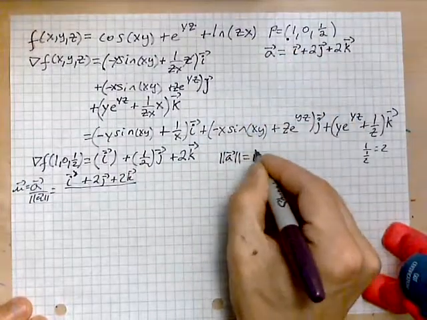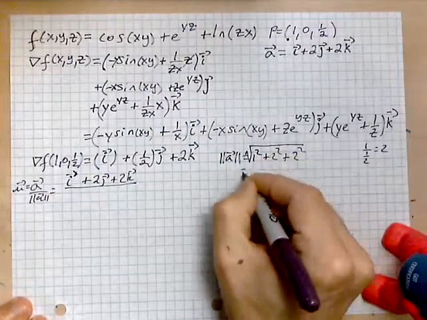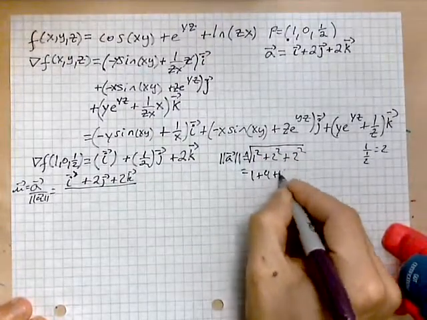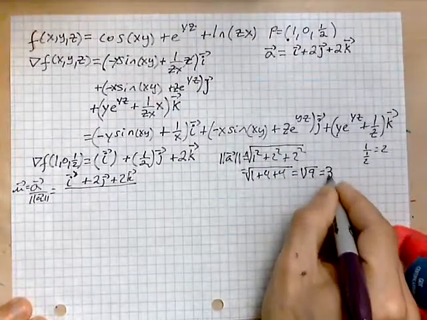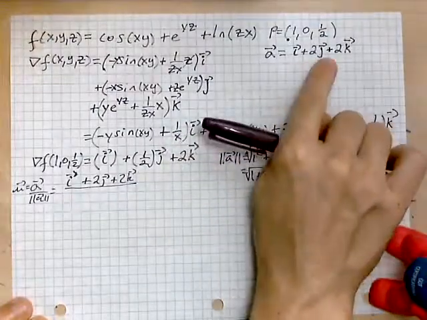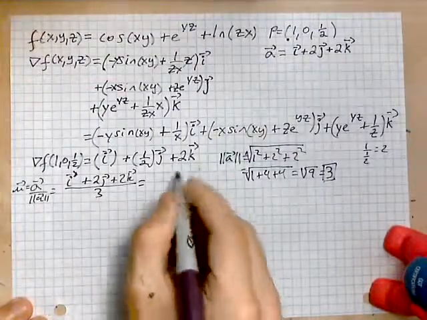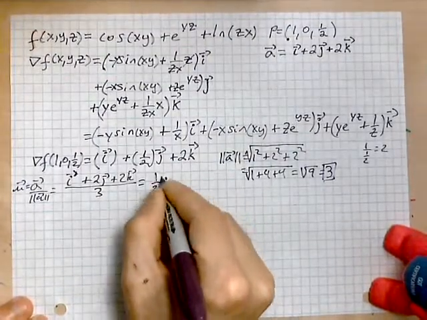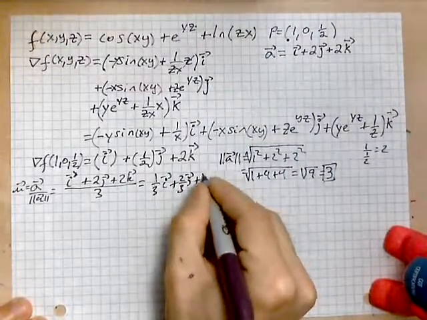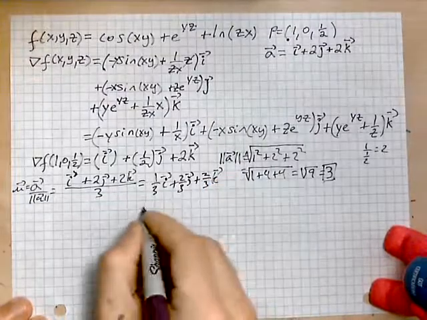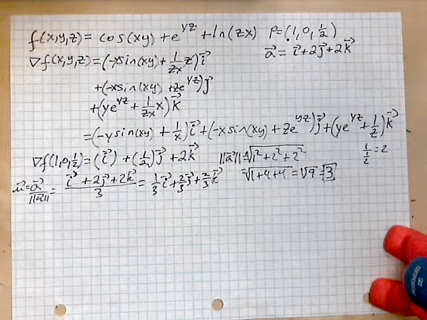So you've got 1 squared plus 2 squared plus 2 squared. That gives 1 plus 4 plus 4, which gives the root of 9, which is just positive 3. So the length of this vector is 3. So you divide each component by 3. So you've got now 1/3 of i plus 2/3 of j plus 2/3 of k.